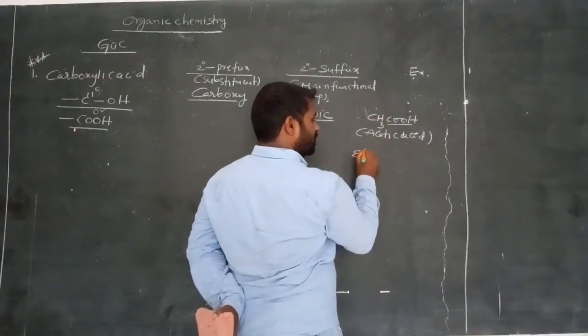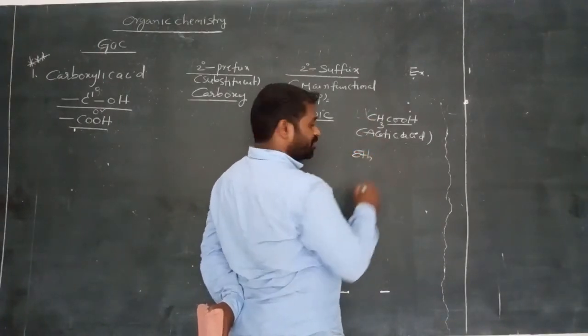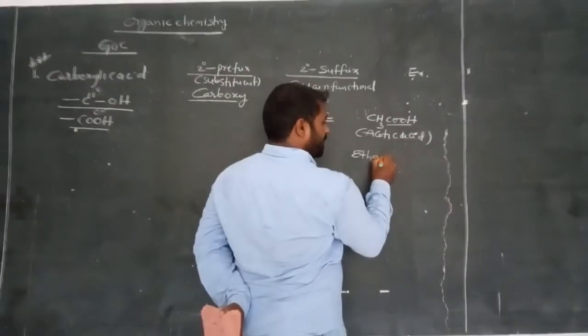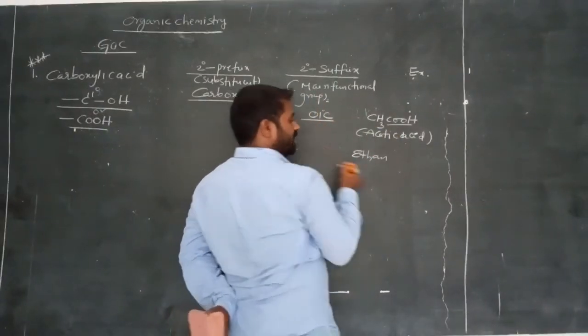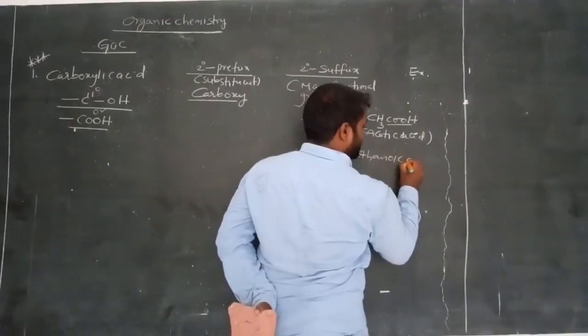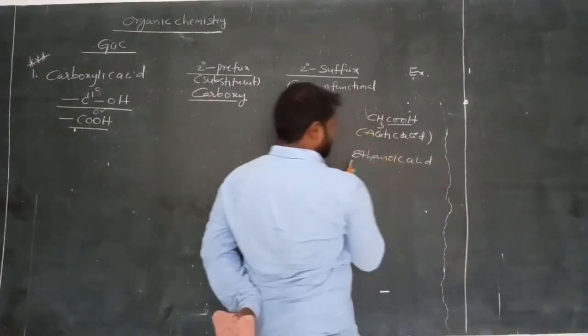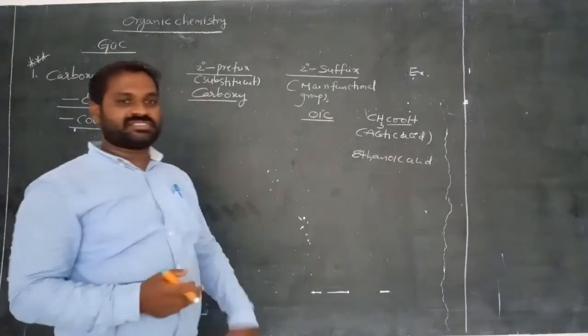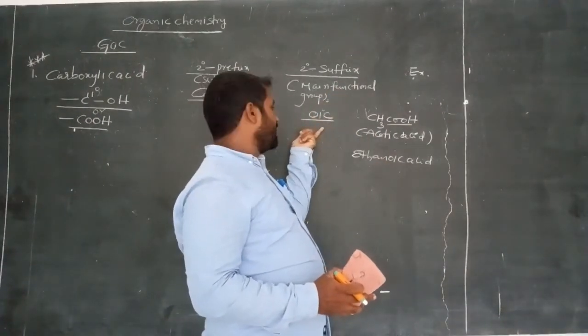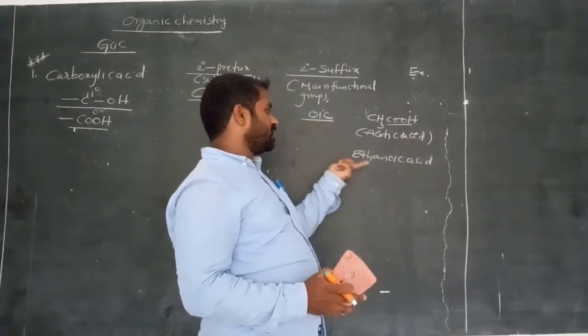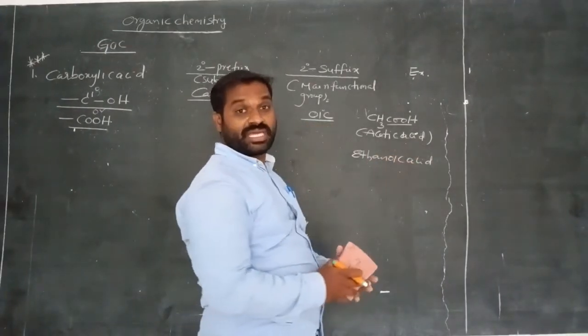So what is the root word? Eth plus A plus COOH is there. What is the secondary suffix? OIC. Ethanoic acid. Eth means 2 carbons. OIC means the end of the carboxylic acid is with OIC. So ethanoic acid.